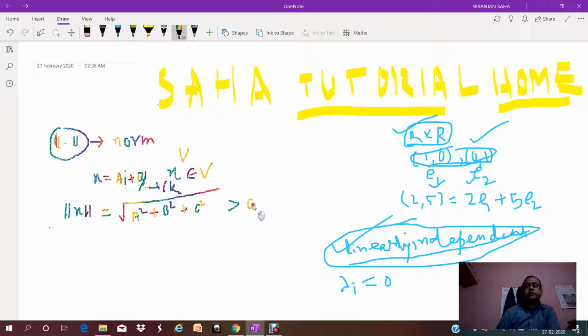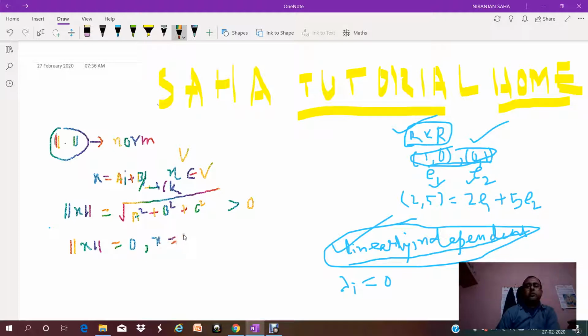The norm of x equals 0 if and only if x is a zero vector. Otherwise it can never be 0.